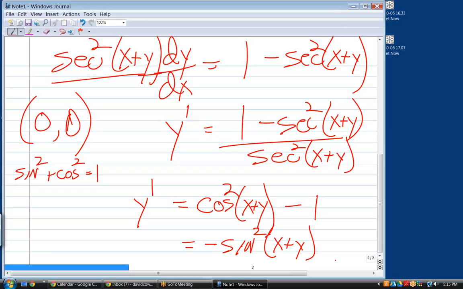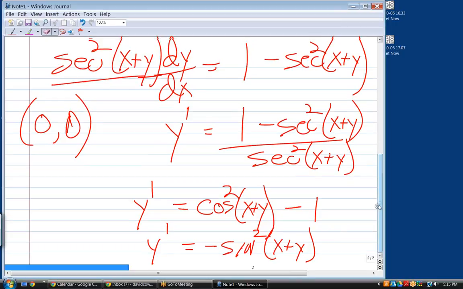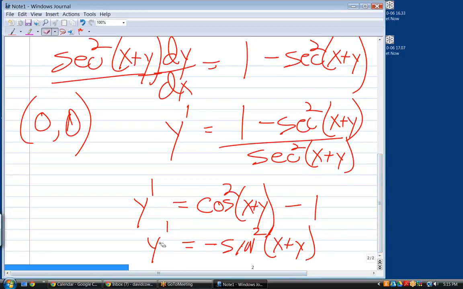And again, it's not really critical that I simplified this, because they just asked us to evaluate it. In other words, I could have plugged in 0 plus 0 up here to figure out what it was. But after I've simplified it, when I plug in 0 plus 0, what's the sine of 0 squared? 0. Wait, no, that's a lie, it should be 1.